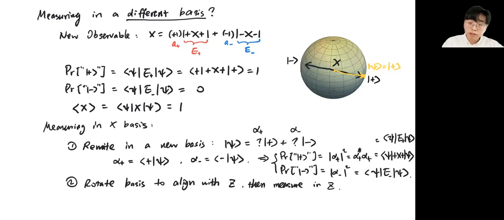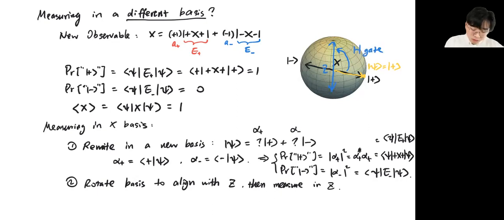So in this case, we can apply a rotation of the Bloch sphere so that the x-axis is rotated to align with the z-axis. And that transformation is the Hadamard gate.